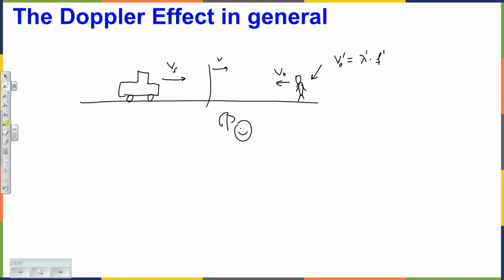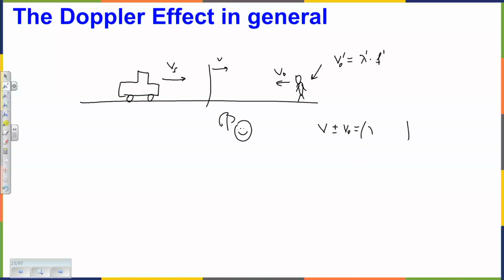Well, observer, okay. And the speed of the sound relative to the observer might be equal to the speed of the sound relative to the ground plus or minus the speed of the observer relative to the ground. And it should be equal to, well, if the source is moving, that might affect the wavelength.